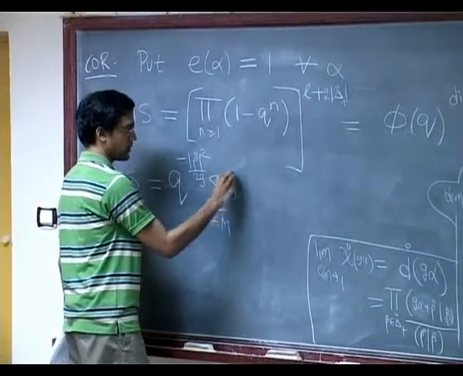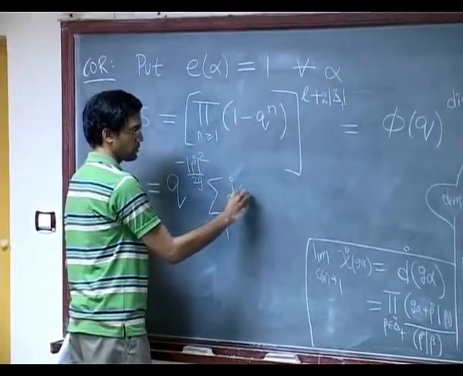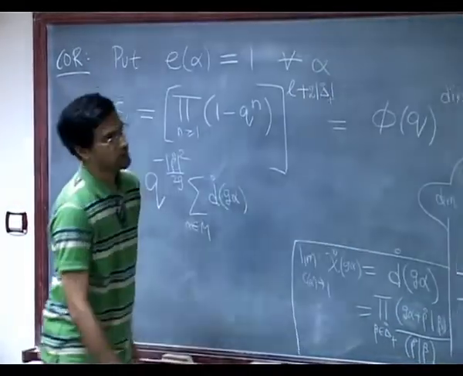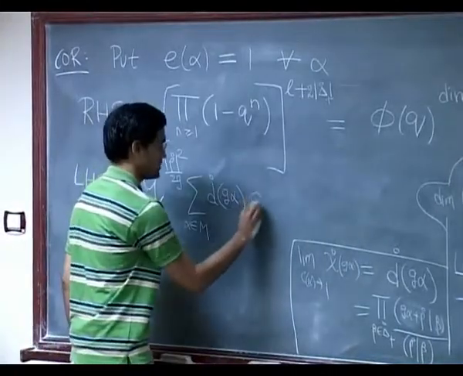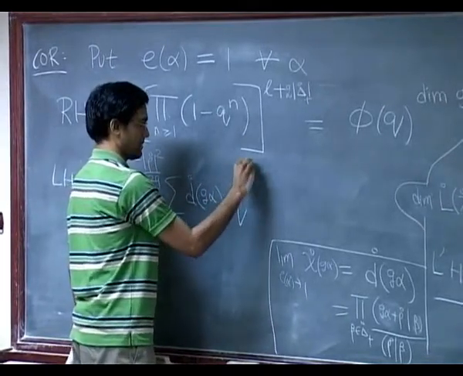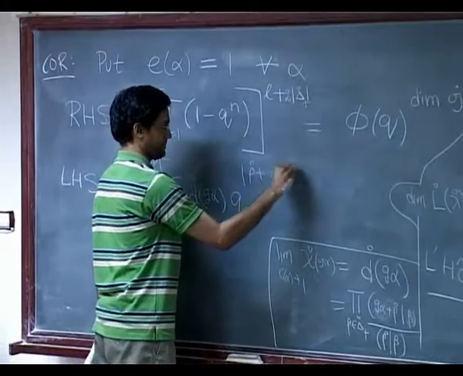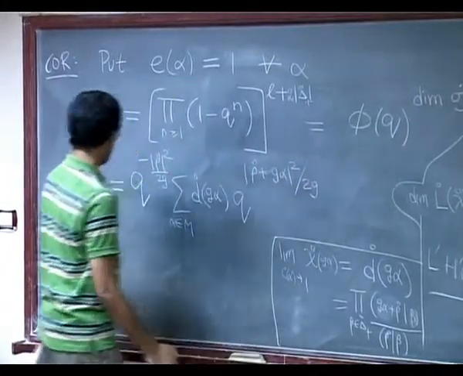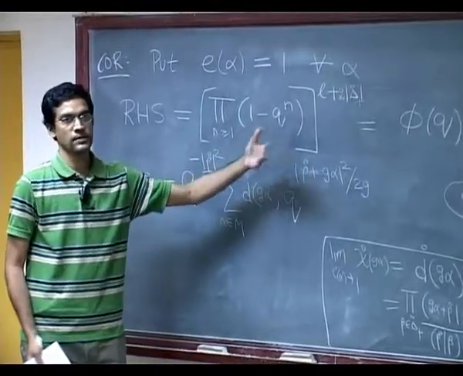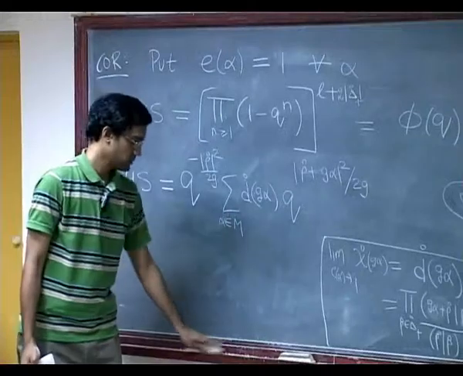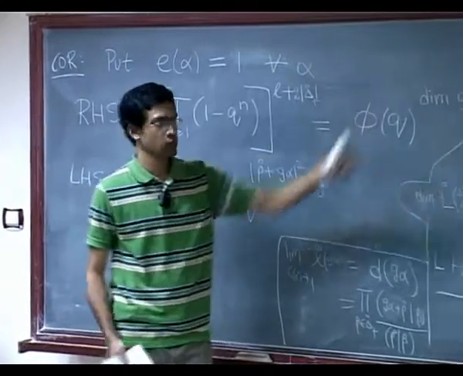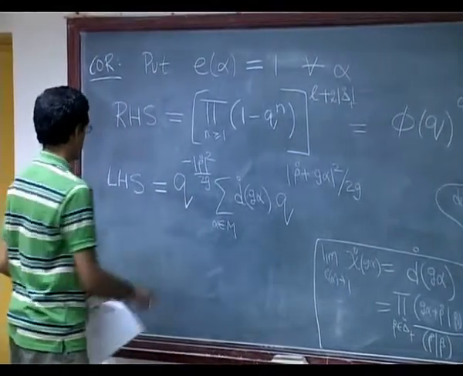So instead of that chi 0, it becomes the corresponding Weyl dimension d0 of that element, some number, positive, negative or 0, integral, times the norm of that vector q raised to. Okay. So these two things are equal. That's again almost the eta function identity, but I've got an identity for the phi function. Phi q raised to the dimension is equal to whatever I have on this side.